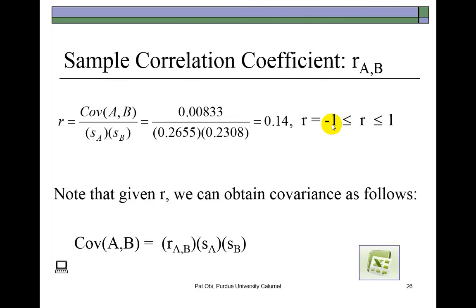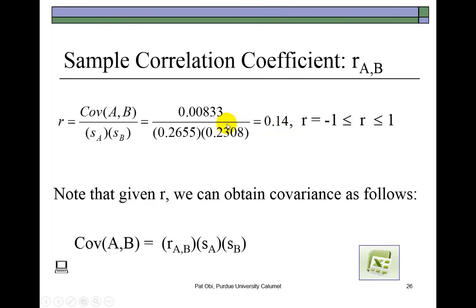If it's -1, then the two investments are perfectly negatively correlated, and in such a case, there is an opportunity to maximize, as it were, the diversification potential of the portfolio. If it's +1, then there really is nothing to diversify away. The two securities move in tandem. So anything less than 1 would offer us an opportunity to reduce risk, as in this example, which comes out to be 0.14.